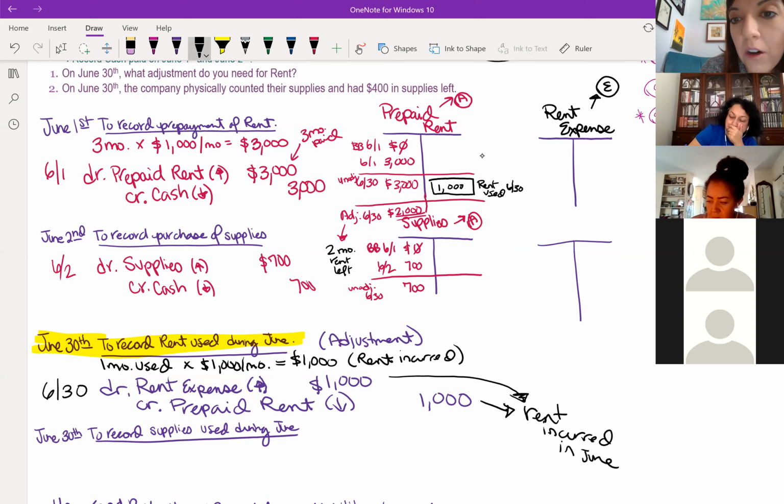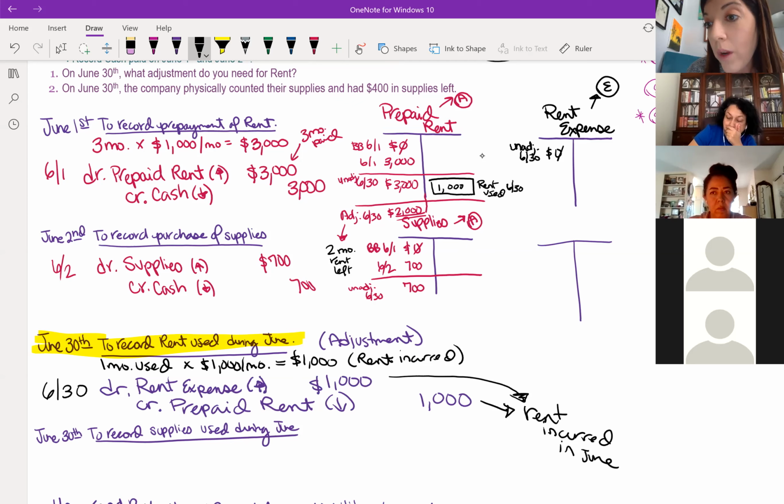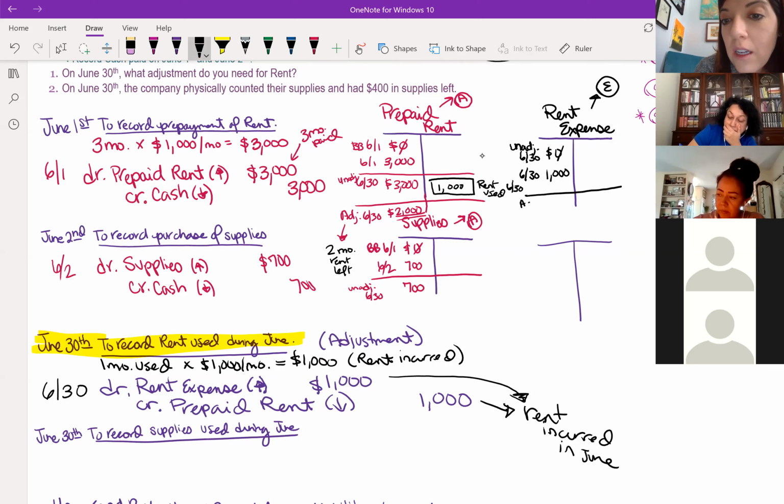So when we incur it, my unadjusted balance before recording this entry would be 0. I would show no rent expense. But we know that they used the rent for a month, so there should be rent expense. So that adjustment for the rent that they used, 1,000, is there. And my adjusted balance represents the amount of rent used during that month, $1,000.